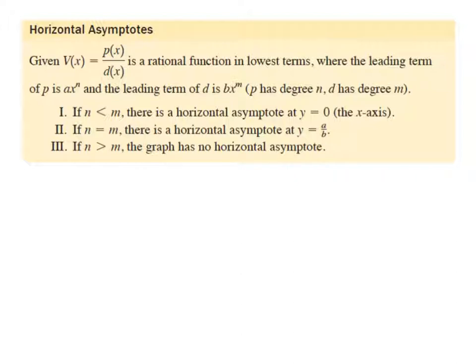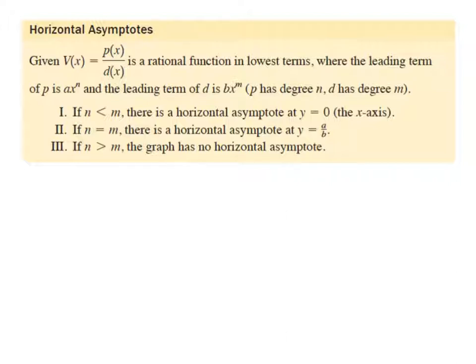Just like this m is the exponent on the bottom. So when we take a look at something like here at bullet 1, when we say that n is less than m, we're saying that the biggest exponent on the top is less than the biggest exponent on the bottom. Basically, that's a situation where we could also describe this fraction as bottom heavy.